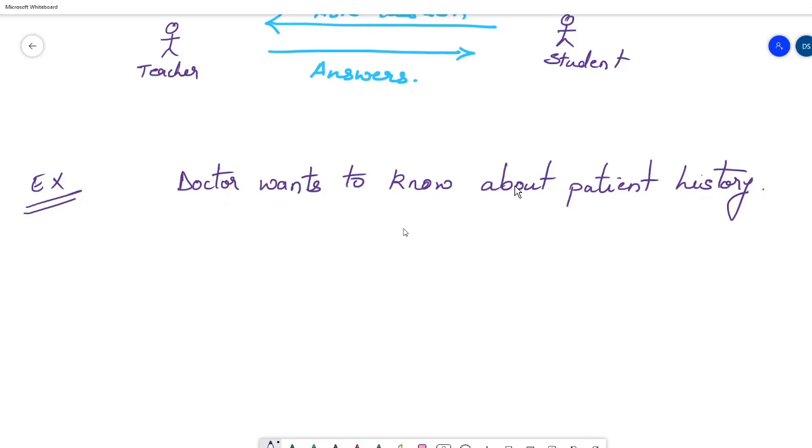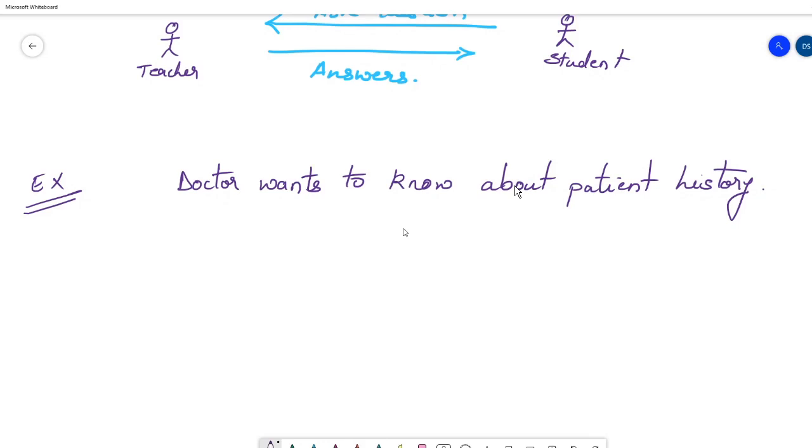So we can have two actors here: one would be the doctor and one would be maybe a nurse or a helper, or a receptionist or an account person who would be maintaining the data.